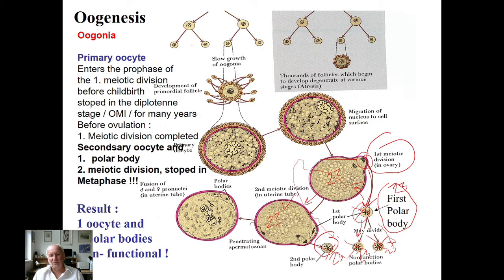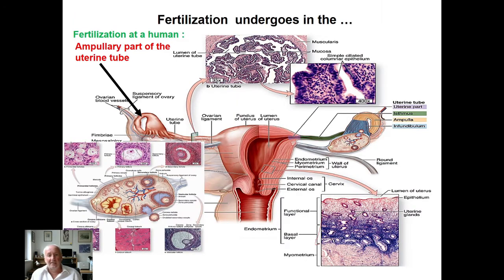And once more stopped in the metaphase of the second meiotic division in the moment of the ovulation. So you see here are big differences between spermatogenesis and oogenesis. So I hope it's clear. And let's move to the next topic, fertilization of an oocyte.